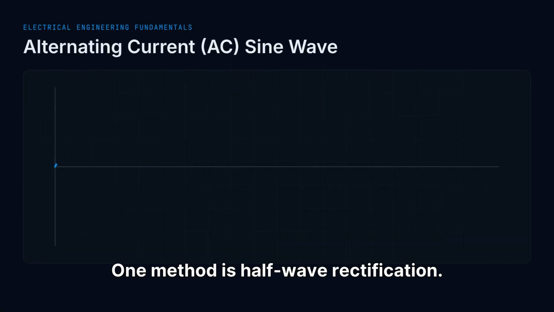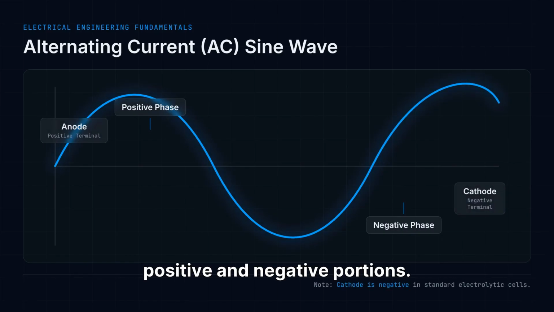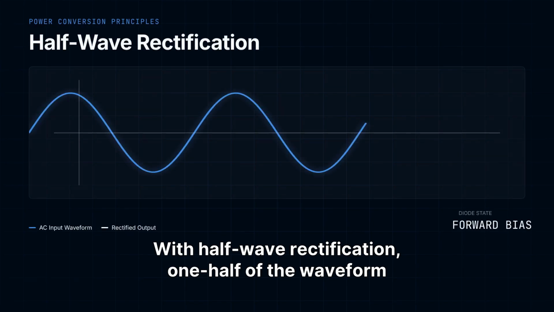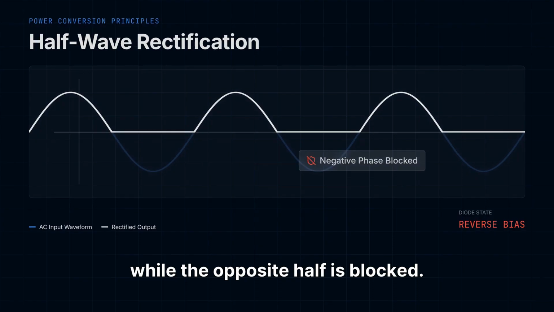One method is half-wave rectification. Remember that an AC waveform contains both positive and negative portions. With half-wave rectification, one half of the waveform is allowed to pass through the circuit, while the opposite half is blocked. Therefore, only one half of the original AC waveform is utilized. The resulting current is pulsating but unidirectional.